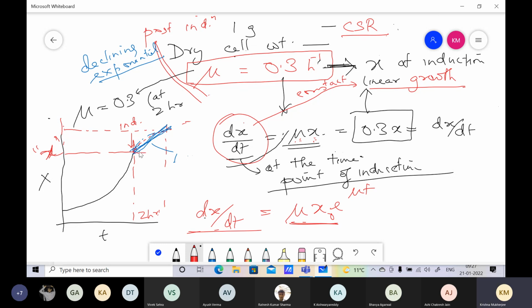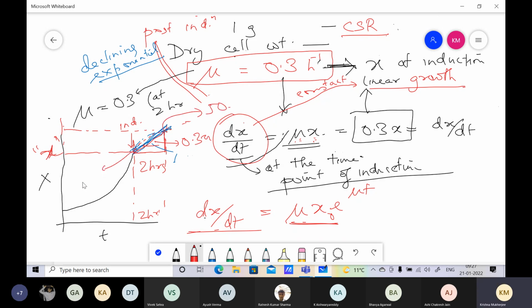Notice this slope here. So now this is 2 hours, and the slope is 0.3x. This point is 50.